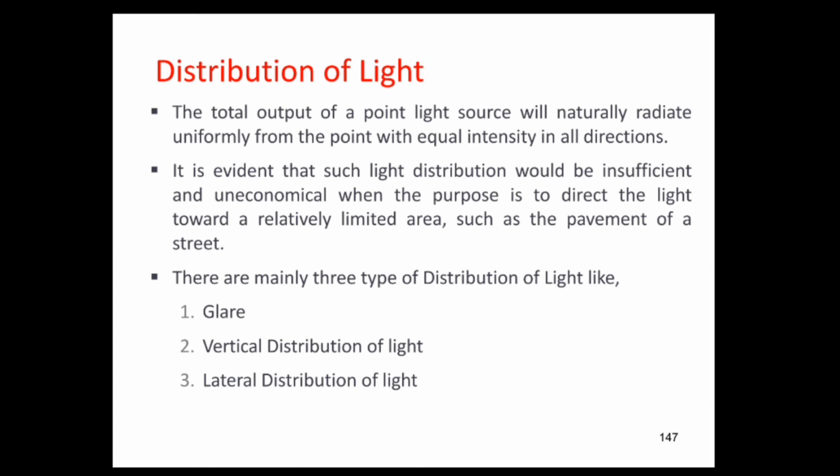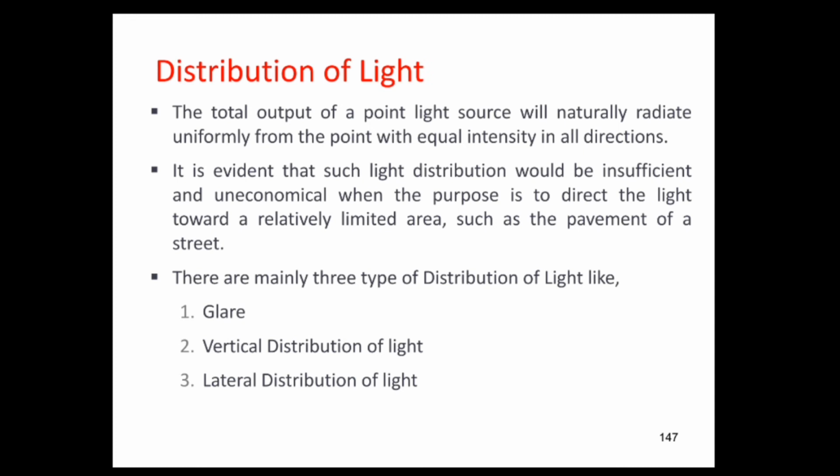And it is evident that such light distributions will be insufficient and uneconomical when the source of light is to direct the light towards a relatively limited area, such as the pavement of the street.